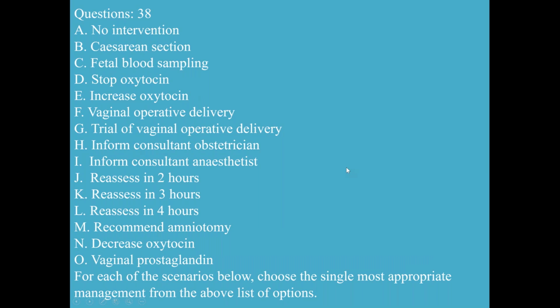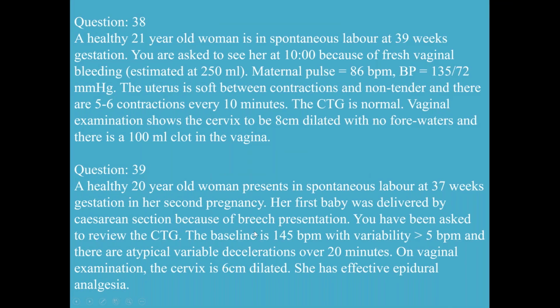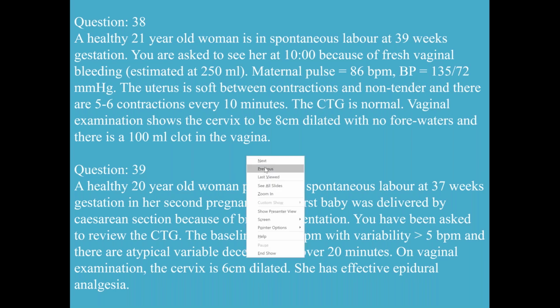Sir, how about doing option C, fetal blood sampling? Reassess in 2 hours is still nothing. It's variable decelerations with concerning characteristics over 20 minutes.